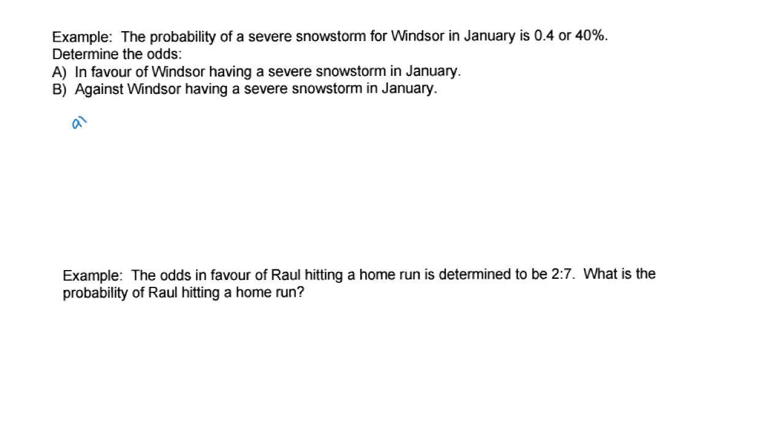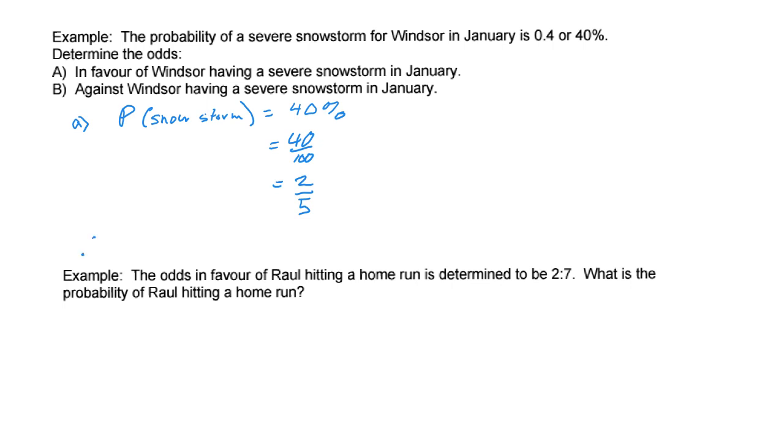So we've got A, the probability of a snowstorm, is 40%, which is the same as 40 over 100, which simplifies to 2/5.